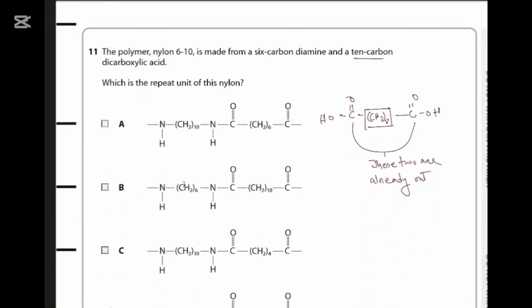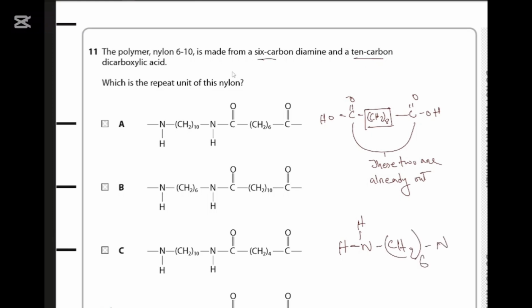Number 11, the polymer nylon 610 is made from a 6 carbon diamine and a 10 carbon dicarboxylic acid. Which is a repeat unit? For this question, we need to understand that a 6 carbon diamine means it has an amine at both its ends. So here I have CH2, how many times? There are 6 carbons, so 6.